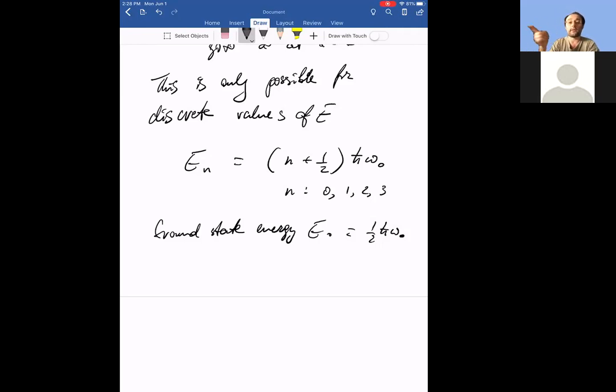So even though the average position will be 0, the average potential energy will be non-zero. And so when you average all the energies, you will come up with a non-zero answer. So this is very interesting. The fact that you cannot have a truly 0 ground state energy is rooted in the Heisenberg uncertainty principle.